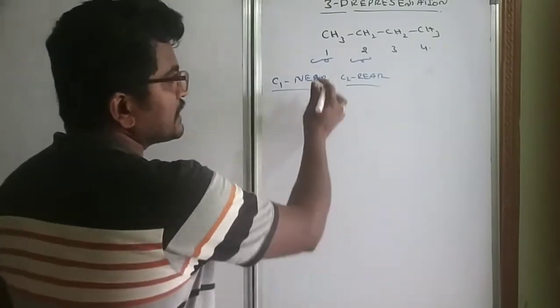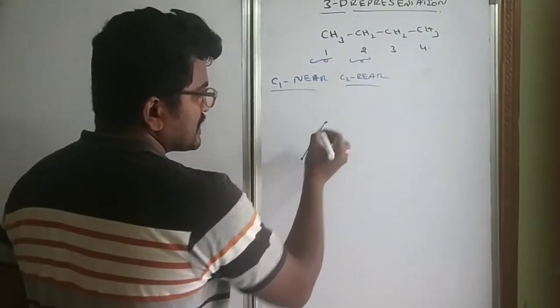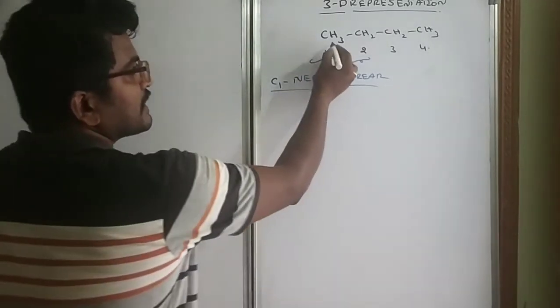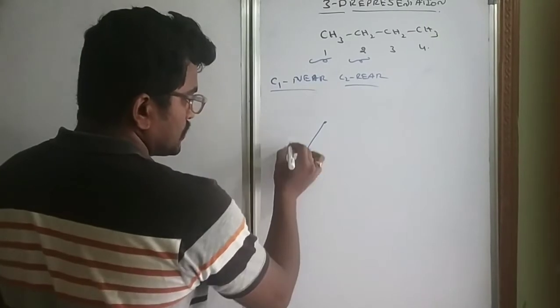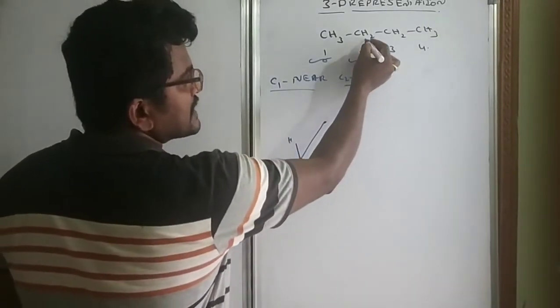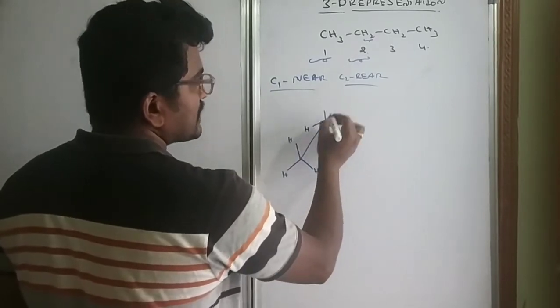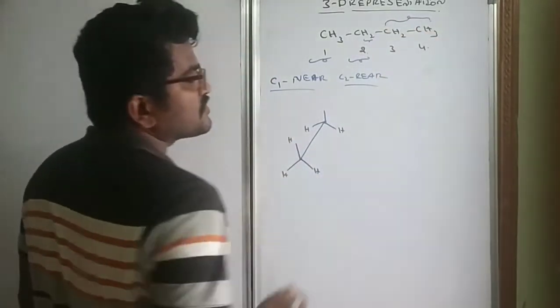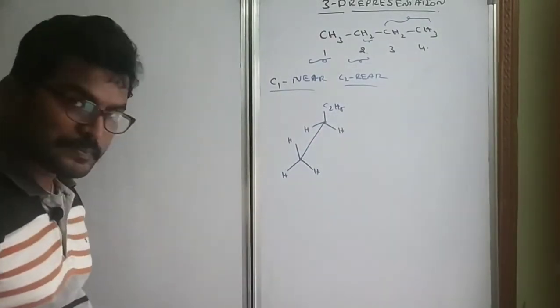First let us write the Sawhorse projection. This is C1, this is C2. C1 has 3 hydrogens, so 1, 2, 3. C2 has 2 hydrogens, 1, 2. And the remaining group is C2H5, right? You can write C2H5. Finished.